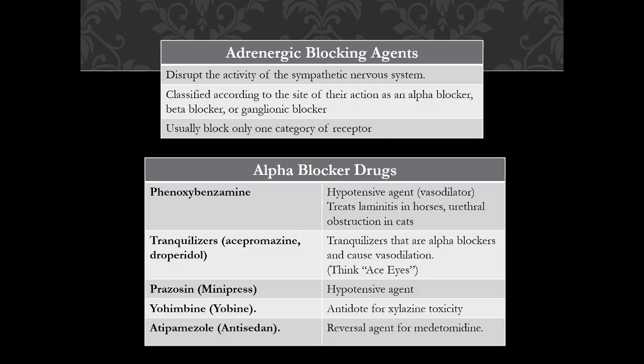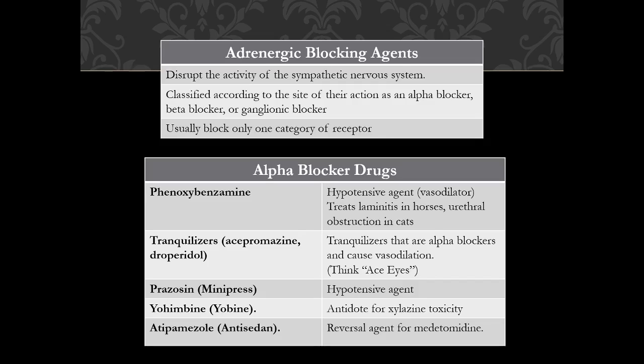Phenoxybenzamine is a hypotensive agent, a vasodilator, so it opens up blood vessels. It treats laminitis in horses and urethral obstruction in cats, so it opens up that urethra. So it's going to do the opposite of the adrenergic drugs that we saw.